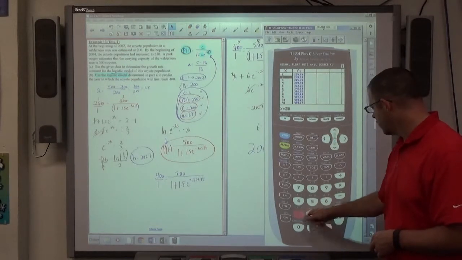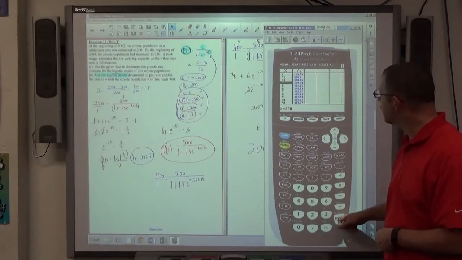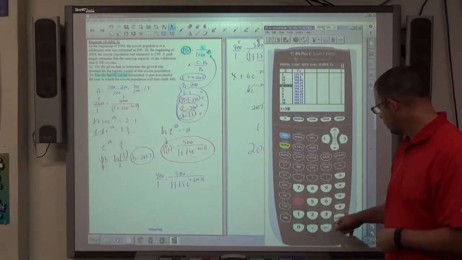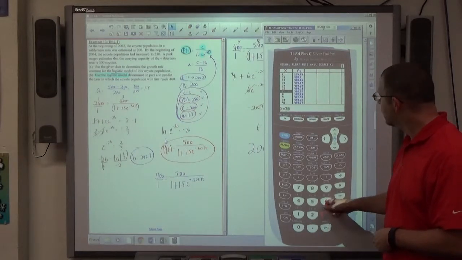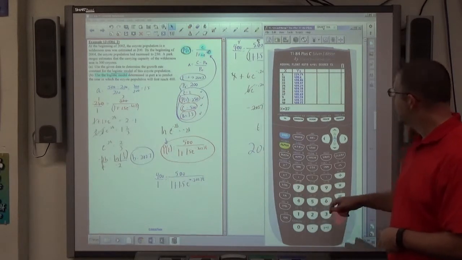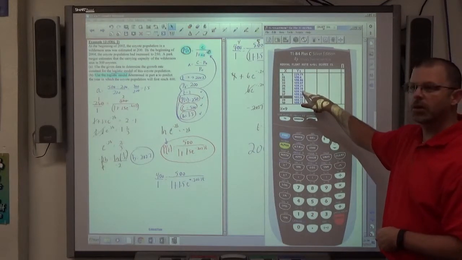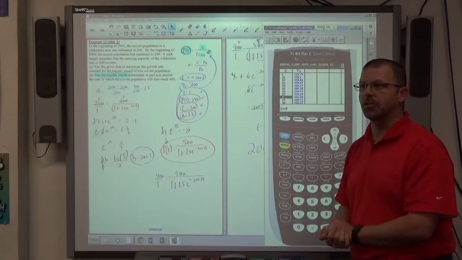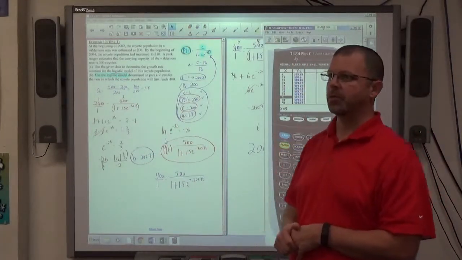So 31, nope, 32, keep going, 33, 34, 35, almost. Year 37, it's over, right? So that means sometime during year 36 is when it happens. So 2038 would be the first year to hit 500, and then it remains 500 from that point forward.